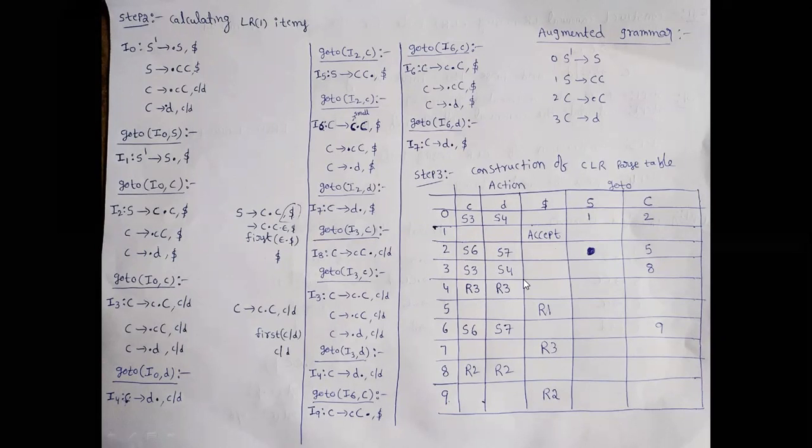So how do we construct the parse table? Here we have go to of I naught comma capital S, and in the same way we construct the rest. I naught comma S: it is the 0th state with non-terminal capital S, and we get state I1, so 1 is placed here.